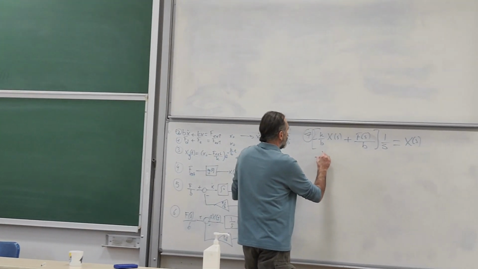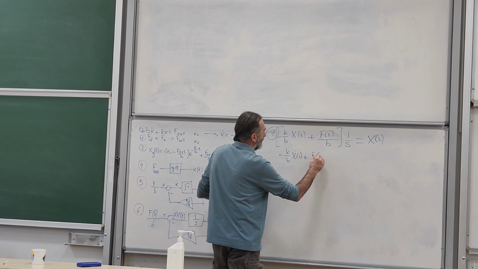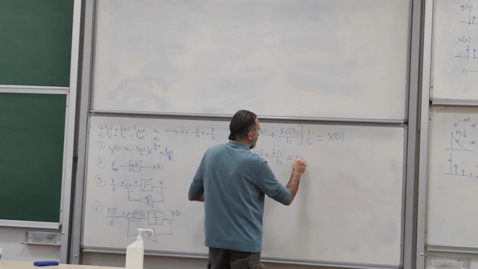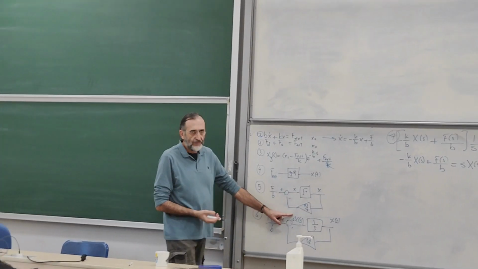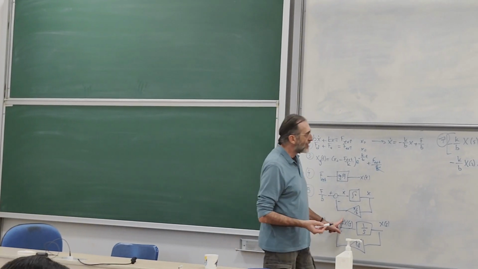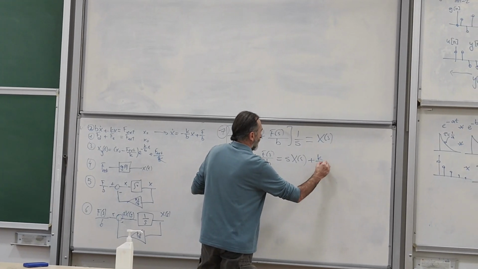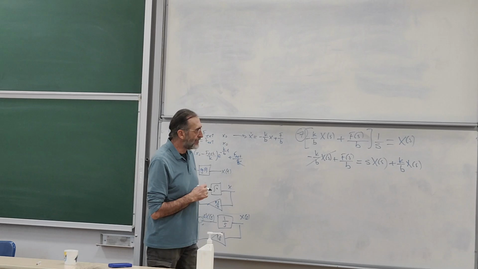So, minus K over B, X of S, plus F of S divided by B is equal to S times X of S, which is what that is, the same. Okay? So, I move this over there, plus K over B, X of S. This is removed from here.